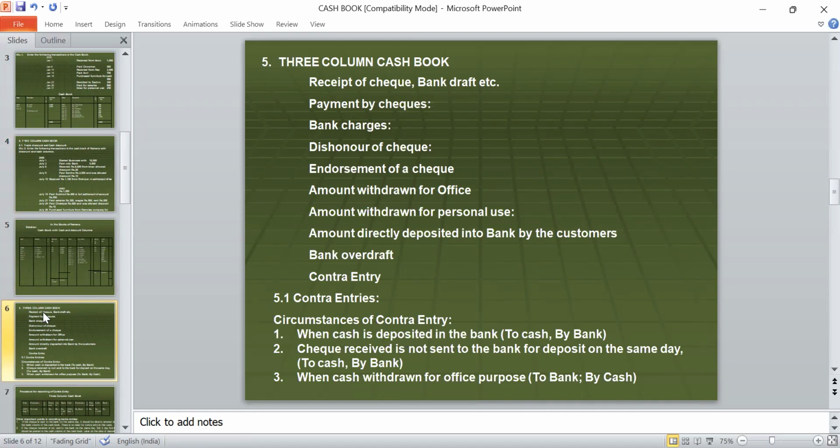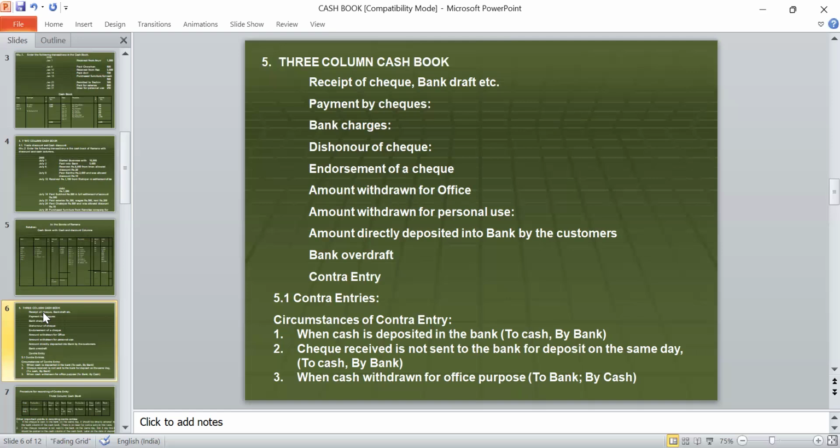And what are the important aspects in a triple column cash book? So please listen. The cash book which contains 3 columns for amount on both sides, in addition to date, particulars, LF column, is said to be triple column cash book or cash book with bank and discount column.